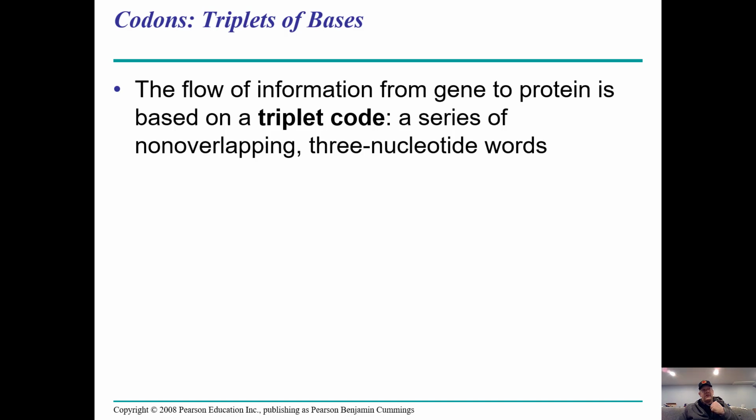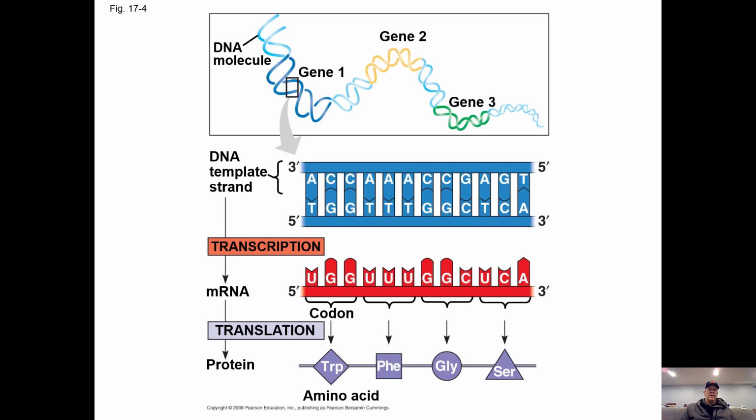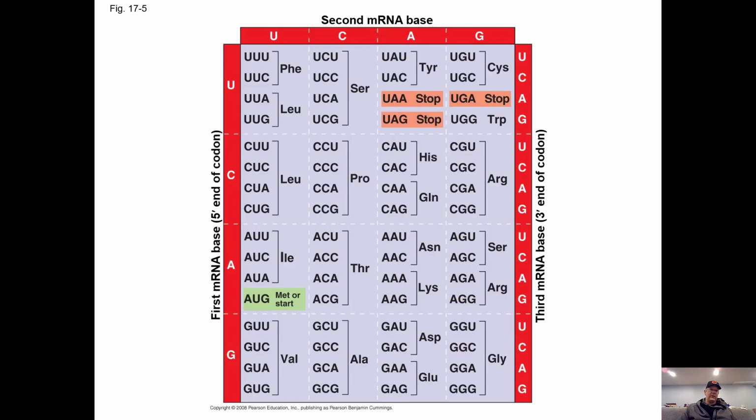Well, if we have triplets, that gives us, like, 4 times 4 times 4. Basically, we have approximately 64 possibilities for only 20 amino acids.